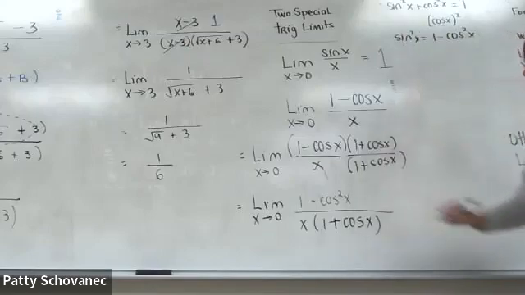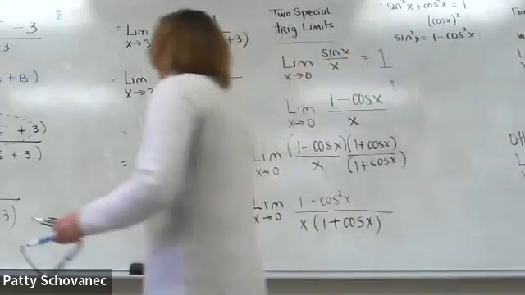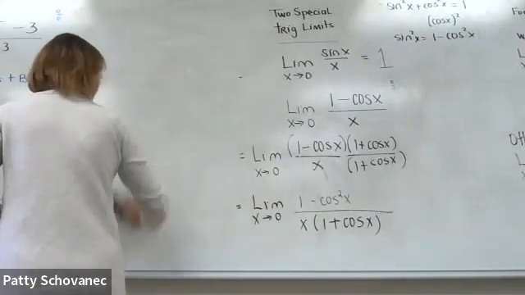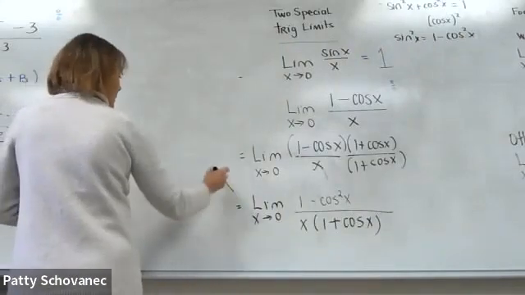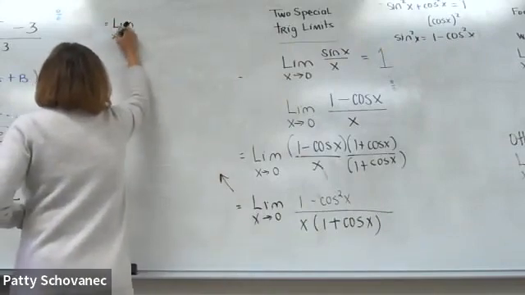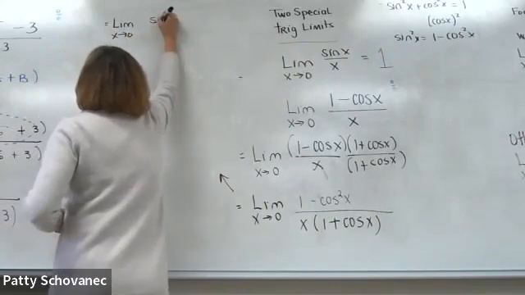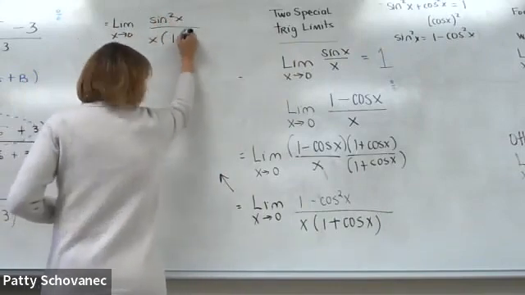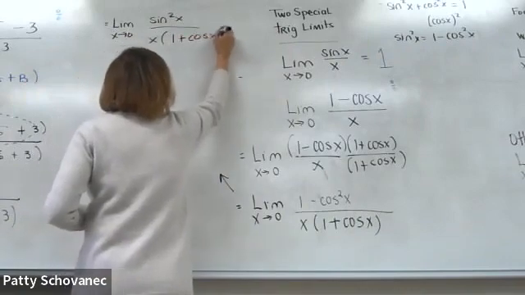So I'm going to replace the numerator with sine squared of x, and then I have x and 1 plus the cosine of x.